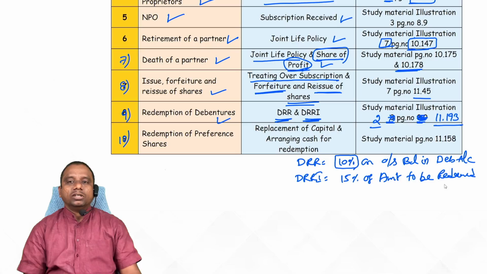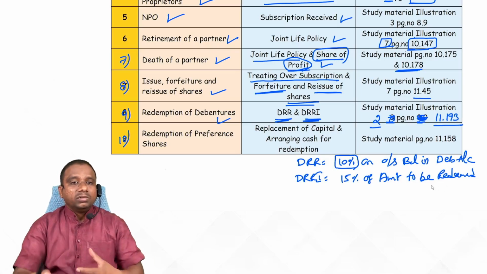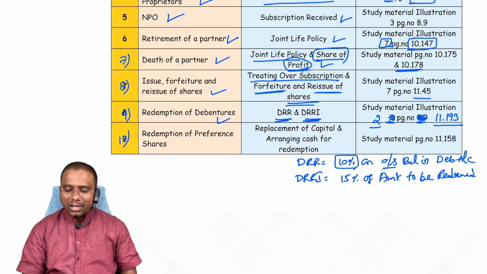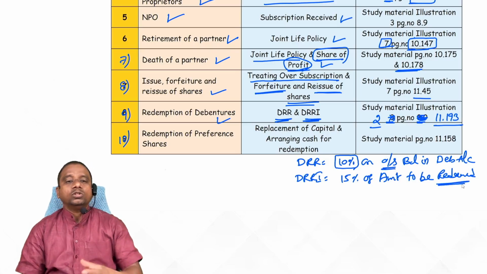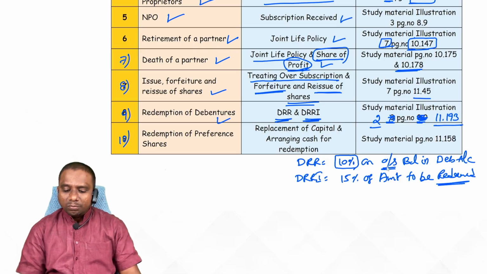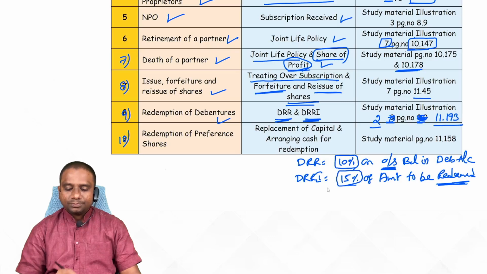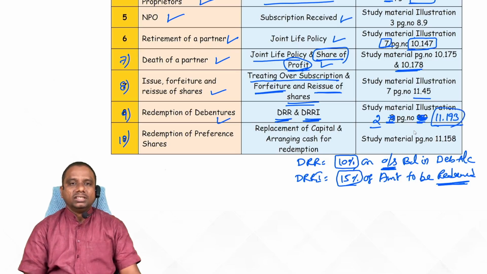Sometimes when the debentures are redeemed in installments, then the outstanding balance and the amount to be redeemed are not the same. But when debentures are redeemed after a certain period of time, then the outstanding balance and the amount to be redeemed are the same. Yes or no, students? That's why follow these provisions. Is it clear? So you can have a look into this adjustment.